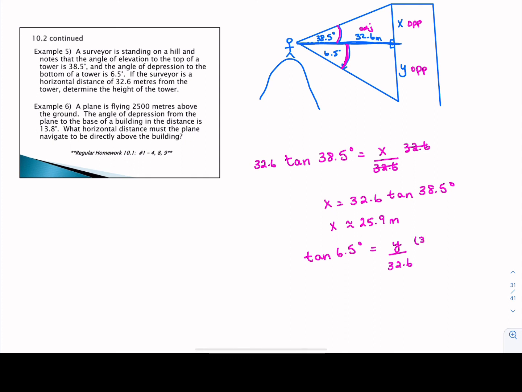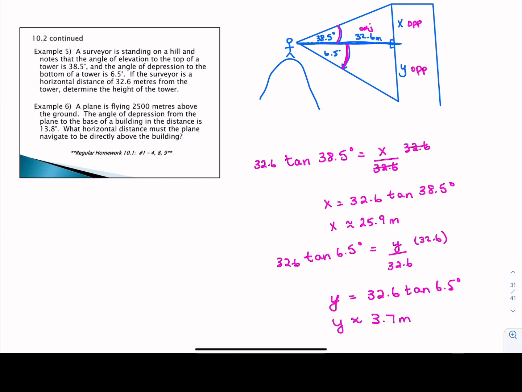So again, clear your fractions, multiply both sides by 32.6. So we get a Y value this time of 32.6 multiplied by the tangent of 6.5 degrees. So we can get an approximation for Y here as well. So 32.6 times the tangent of 6.5, be careful with your decimal, is going to be roughly 3.7.